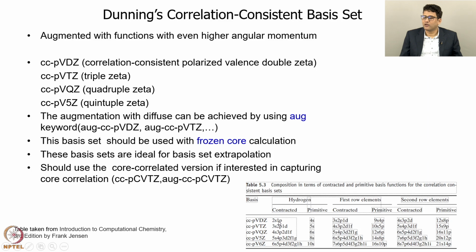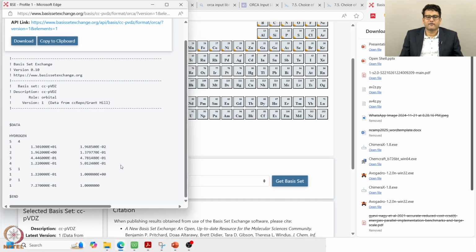So, that means 4 primitives have been contracted into one s-type orbital, and then there is another s-type orbital. So, there are 2 contracted Gaussian-type s functions and 1 contracted Gaussian-type P function.